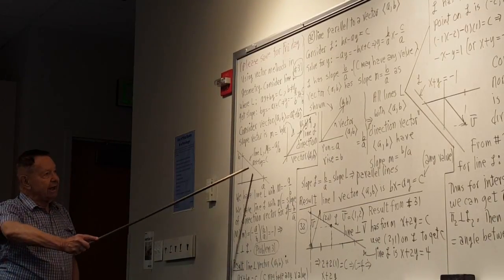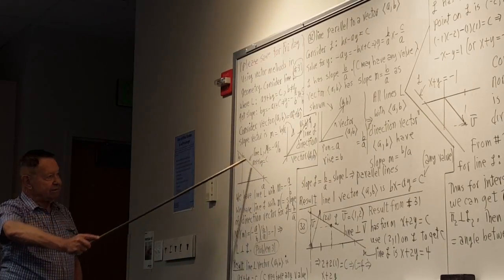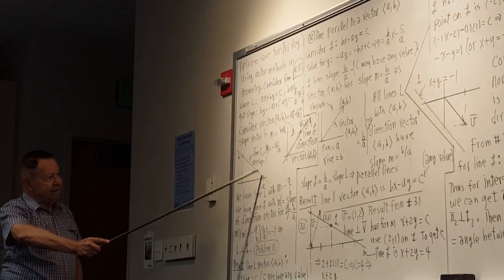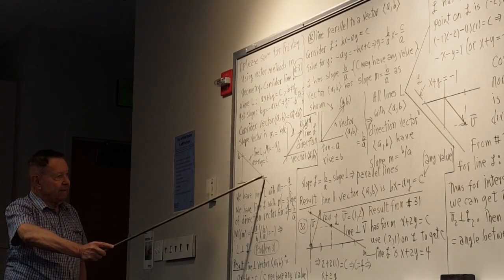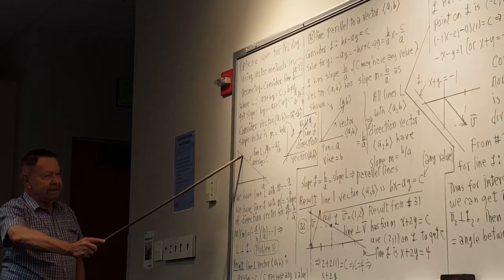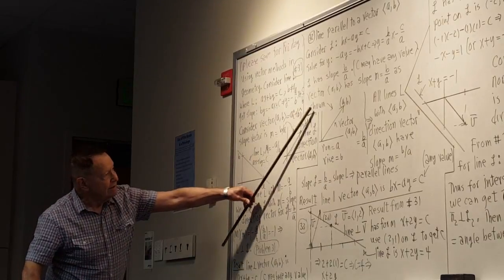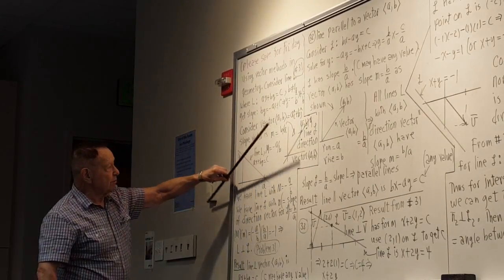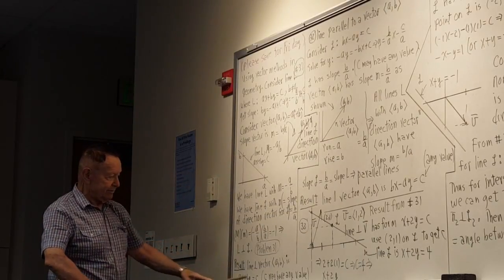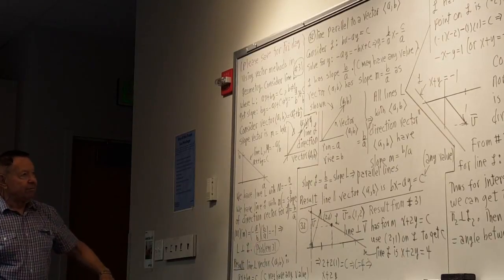The original line that you started with, AX plus BY equals C, would look like this for A and B laid out this way. Notice that what's happening, if you look at this, is that the one is perpendicular to the other, which is what the result is for the problem.